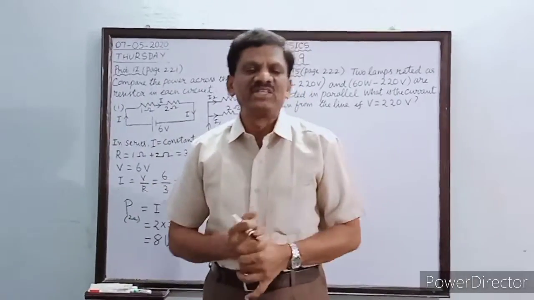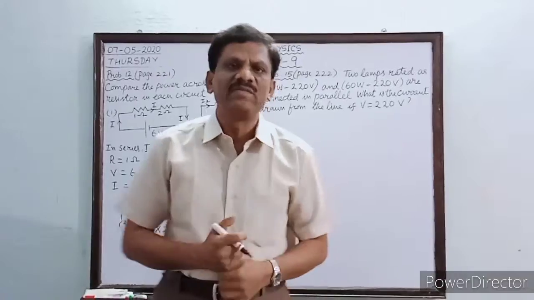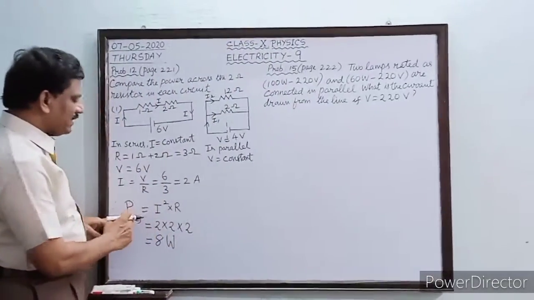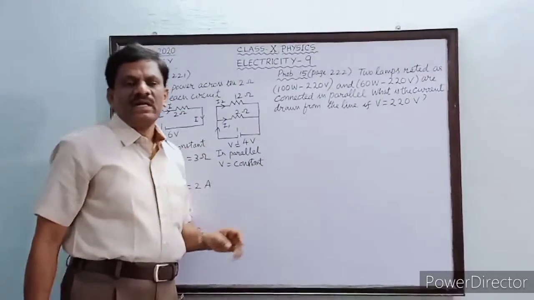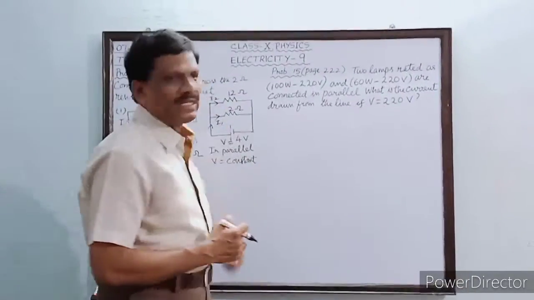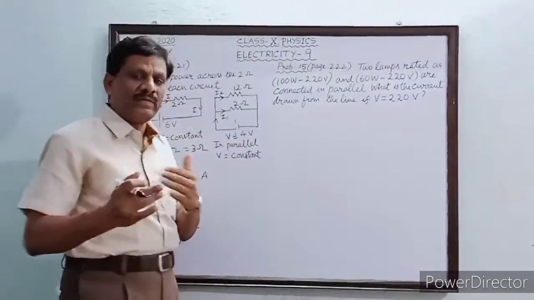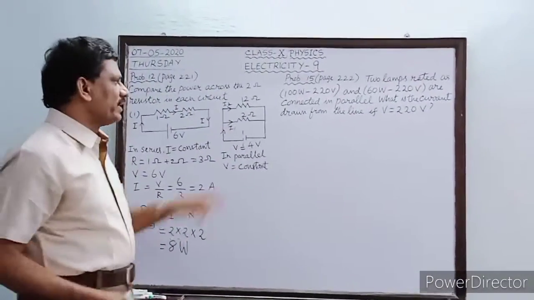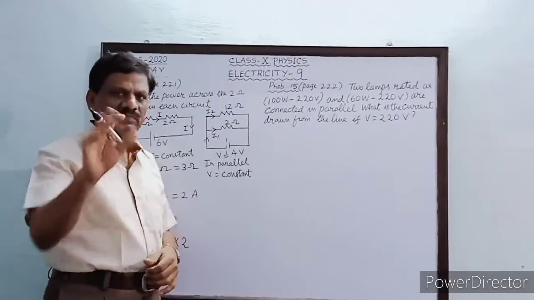In a series combination of resistors, current will be constant, so the formula we have to use is power is equal to I square into R. Now in the second circuit, is the current constant through both the resistors? No, it is dividing as I1 and I2. But what will be constant? Good. The potential difference across the 12 ohm and the 2 ohm will be the same.